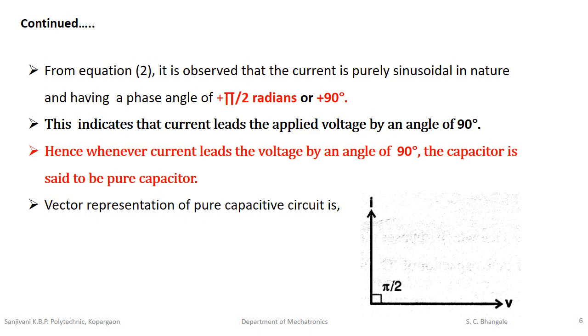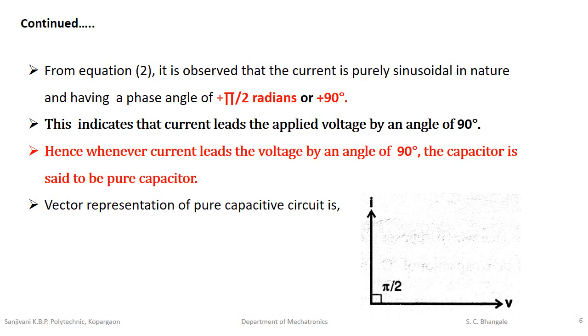This indicates that current leads the applied voltage by an angle of 90 degrees. In a pure inductance circuit, we have seen that current lags the applied voltage by an angle of minus 90 degrees. But in a pure capacitance circuit, the derived equation indicates that current leads the applied voltage by an angle of plus 90 degrees.